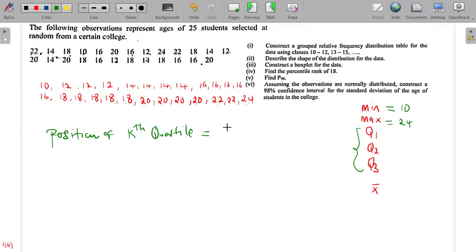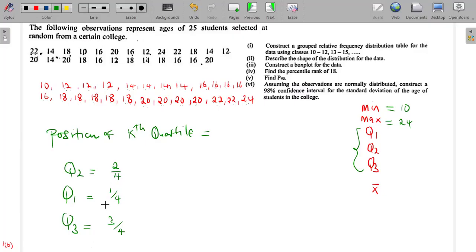For the Q2, it's supposed to give me 2 over 4. For the Q1, it's supposed to give me 1 over 4. Then for the Q3, it's supposed to give me 3 over 4, like that.